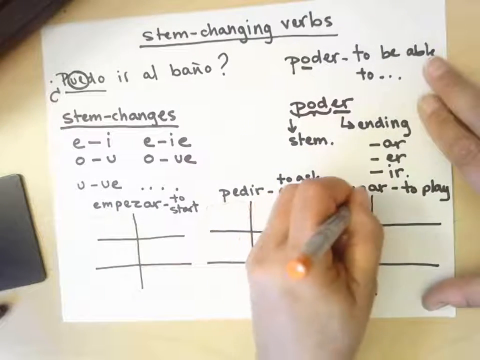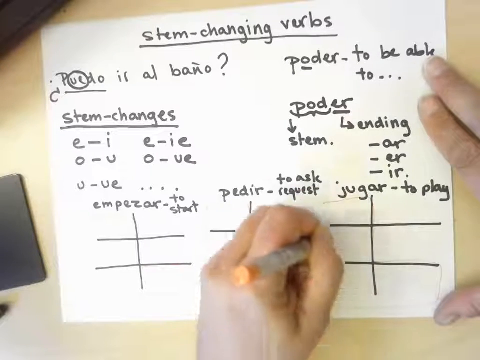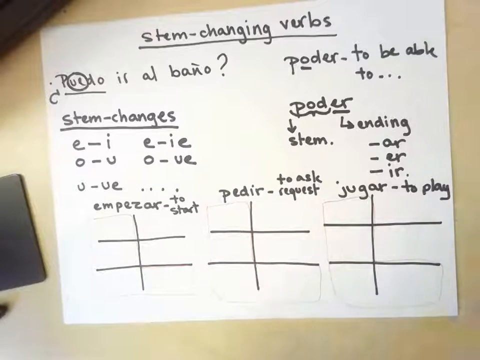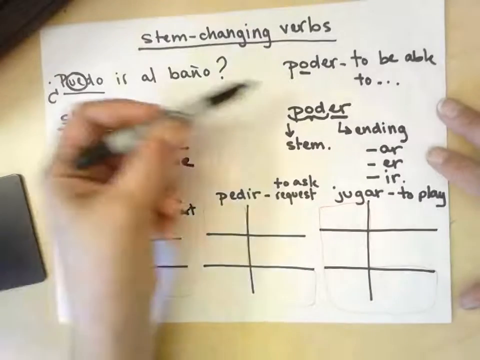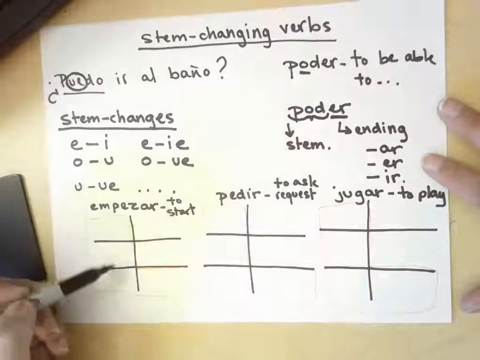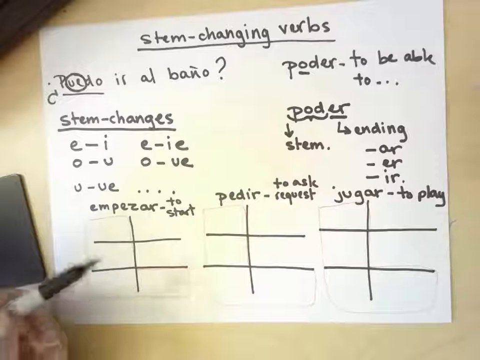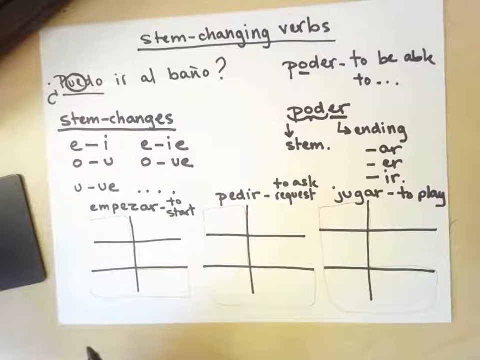La bota. Because that is one of the main concepts of doing a stem changing verb. Any stem changes that you see here happen inside the boot. Outside the boot, we tend to keep the verb the same. Let's see what I mean.